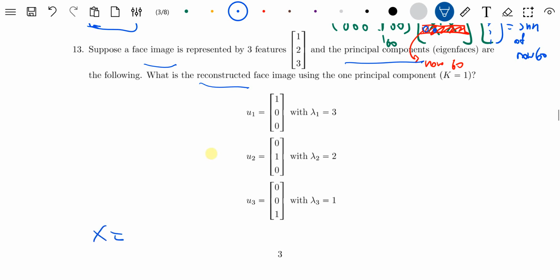X, the original image, can be reconstructed by, let's not write the sum, U1 multiplied by this image plus U2 multiplied by this image plus U3 multiplied by this image. That would not be right. This is a number, so you multiply it back by the eigenface.